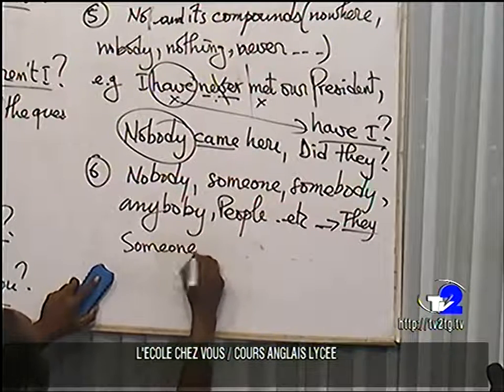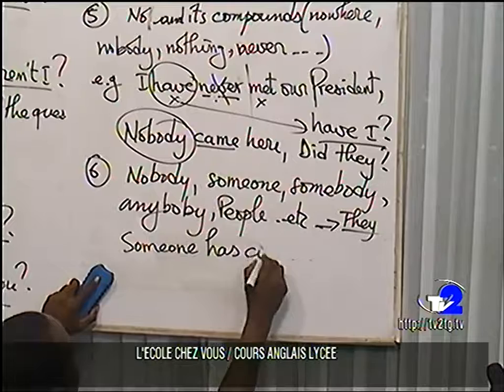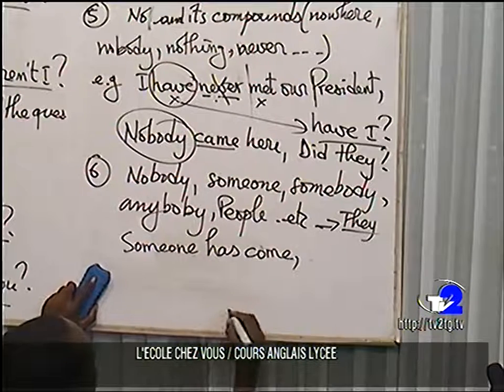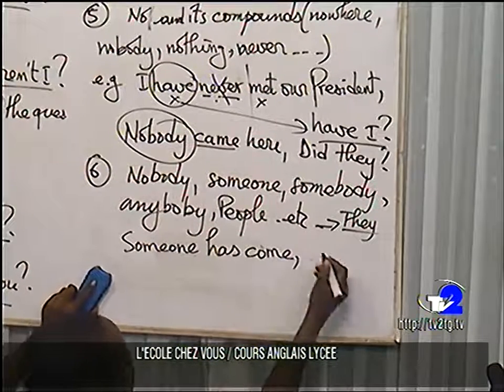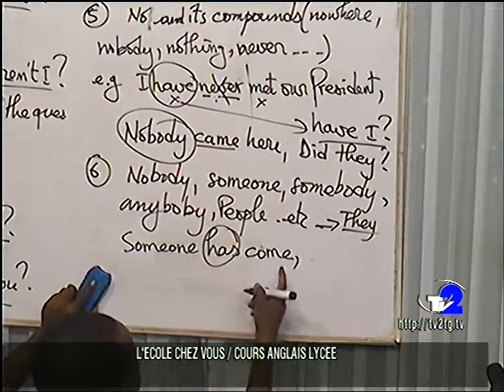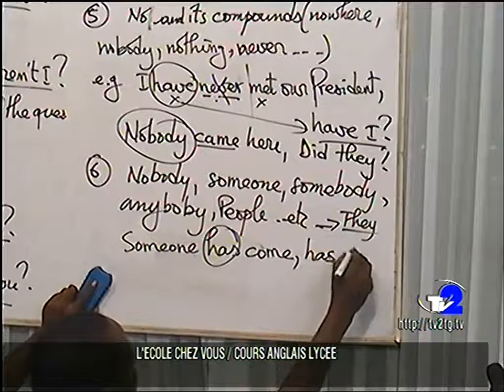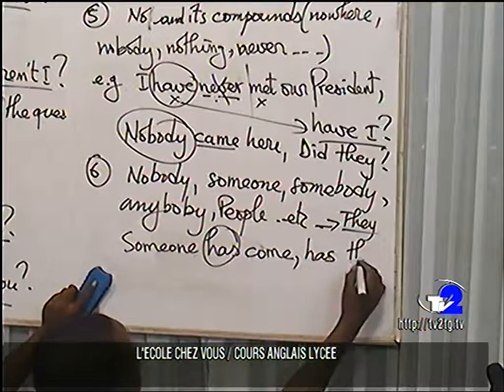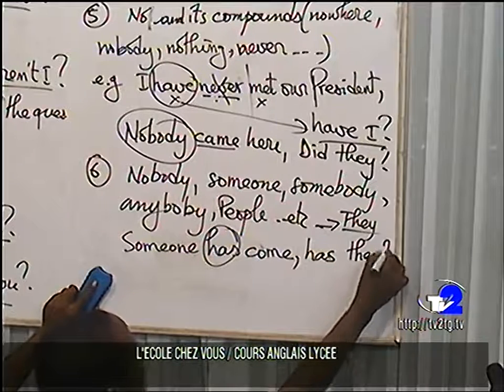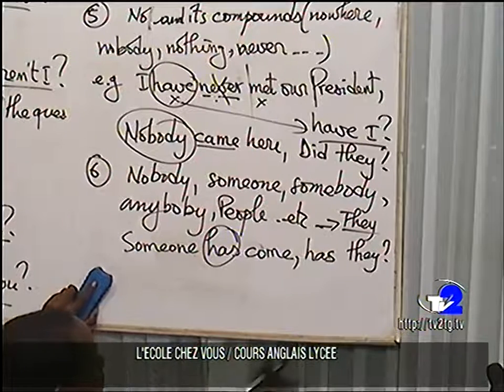Someone has come. Here we have the verb has. We have two verbs. The first one is the auxiliary, so we have to say has. Now we add they, but there's a mistake we have to correct.